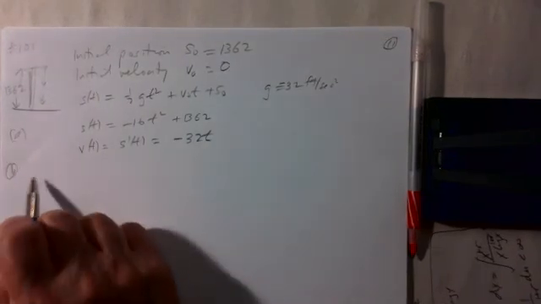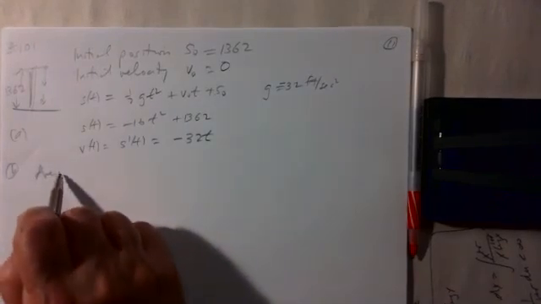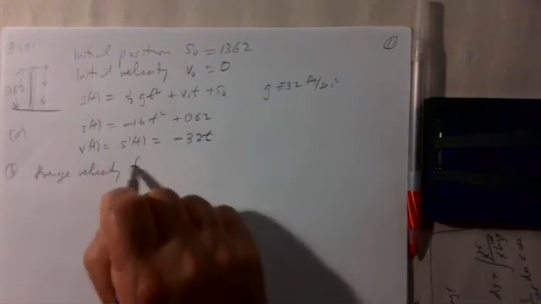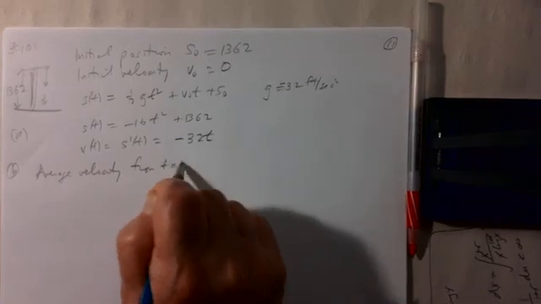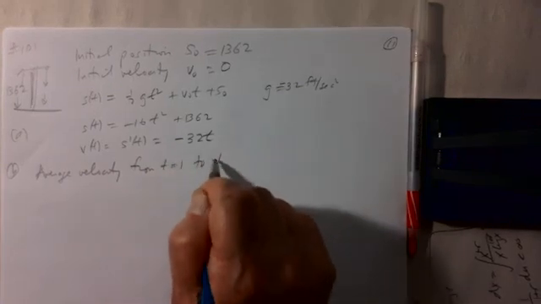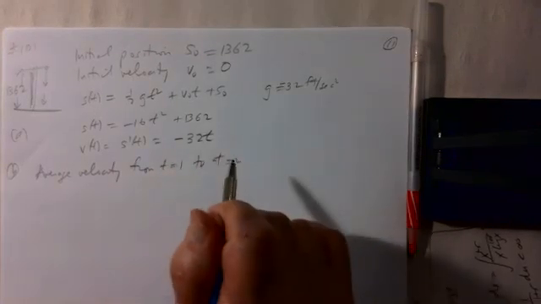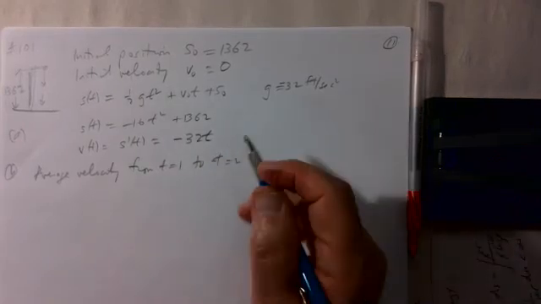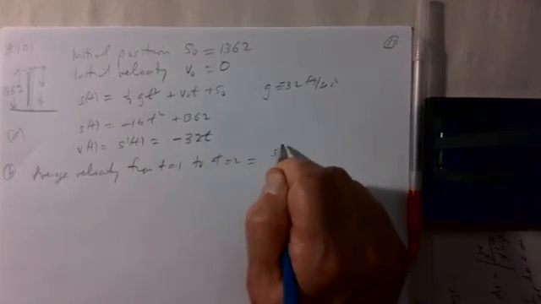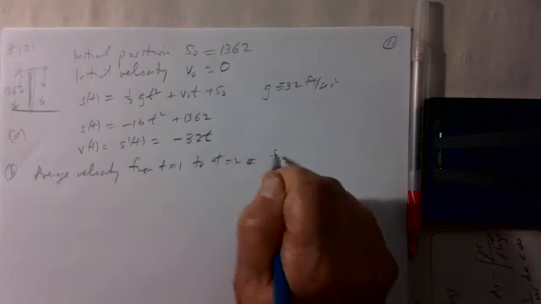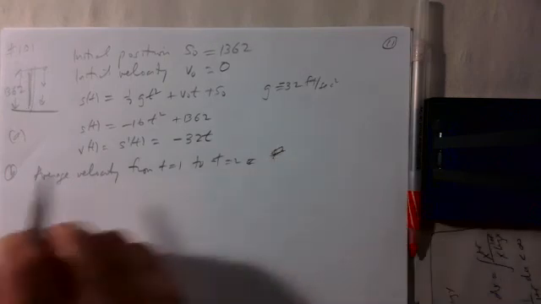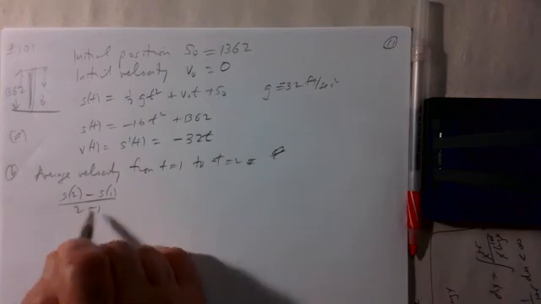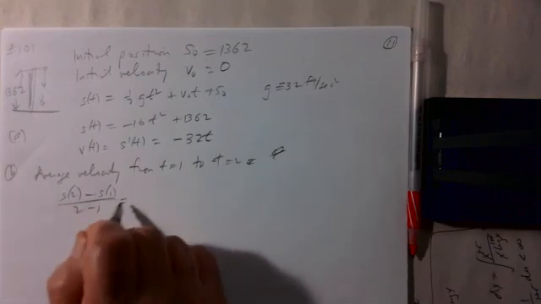Part B is to find the average velocity from time t equals 1 second to t equals 2. So that average velocity is equal to s of 2 minus s of 1 over the time interval, 2 minus 1.